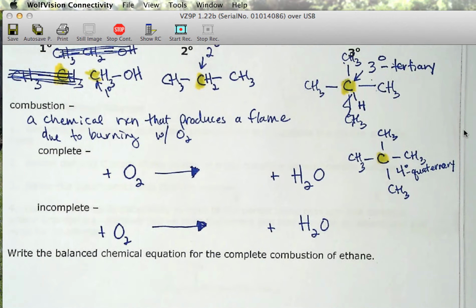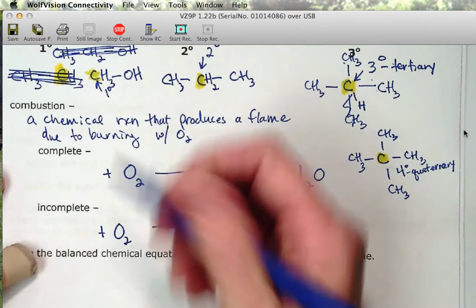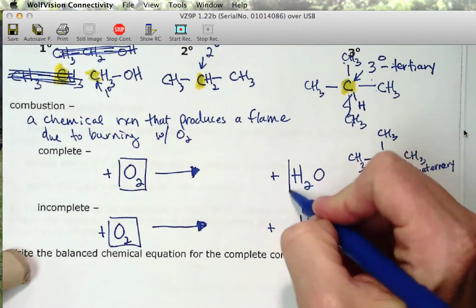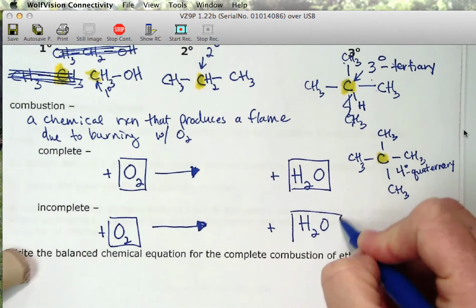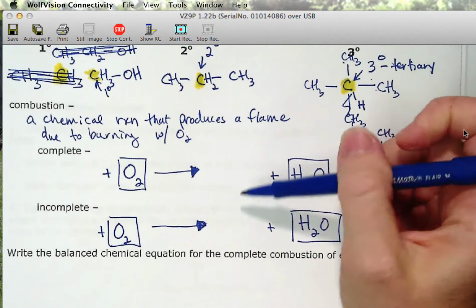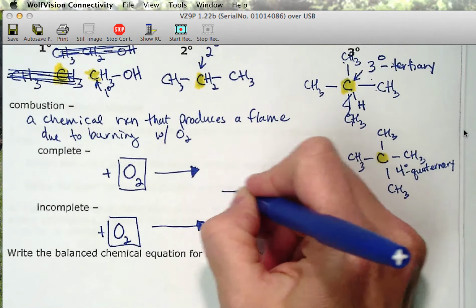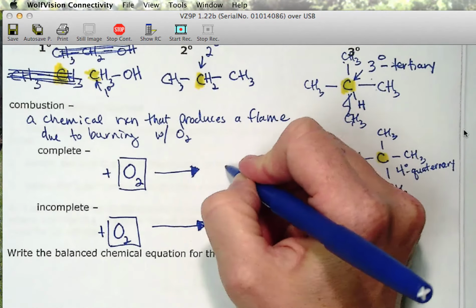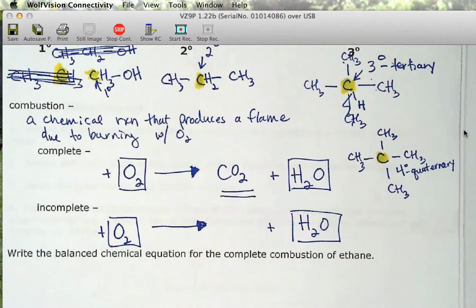If you totally blank on this, keep in mind that these are exactly the same, whether it's complete or incomplete. What differs between complete and incomplete is your product. Complete combustion gives CO2, so carbon dioxide.